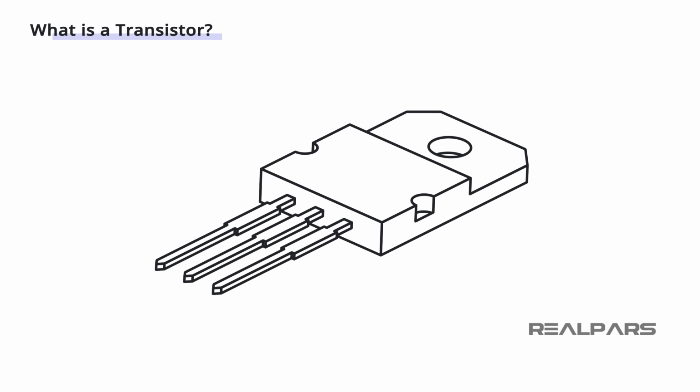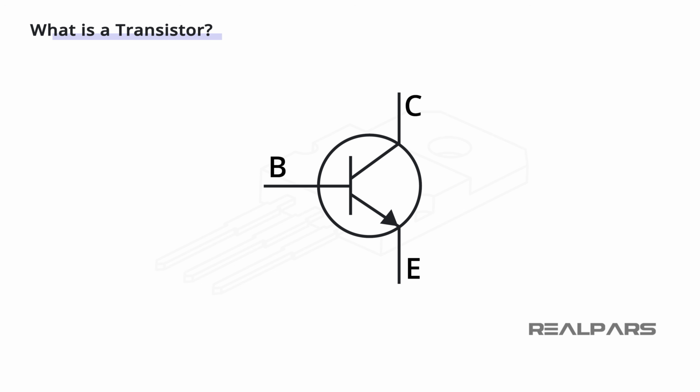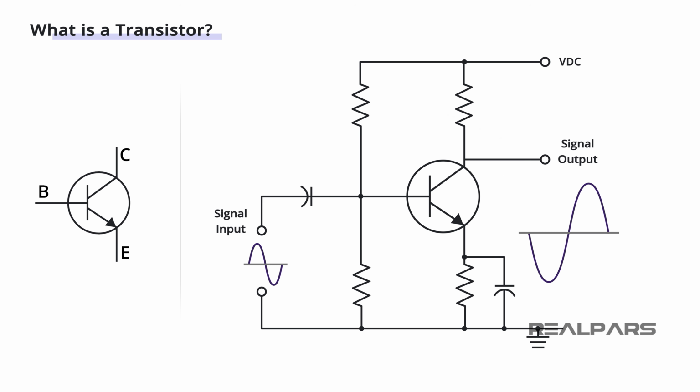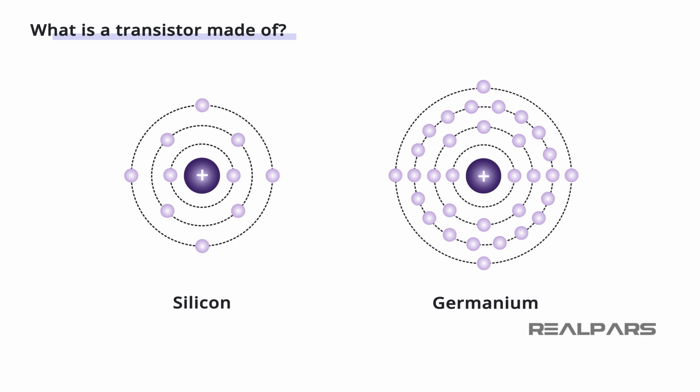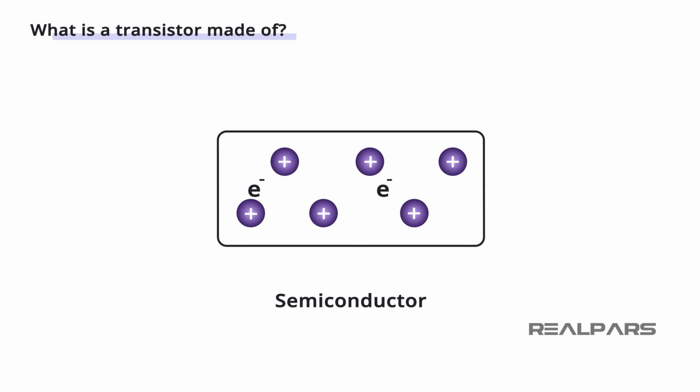Okay, let's review what we've covered in this video. A transistor is an electronic component used in a circuit to control a large current or voltage with a small voltage or current. The word transistor comes from combining the two words transfer and resistor. Transistors are made of silicon or germanium, which are semiconductor materials.